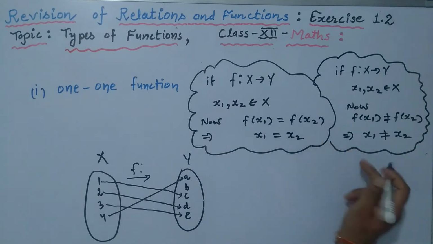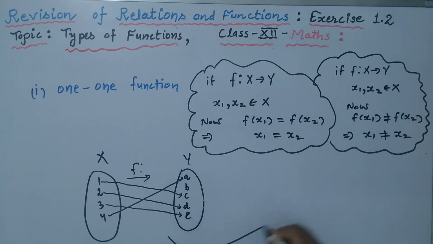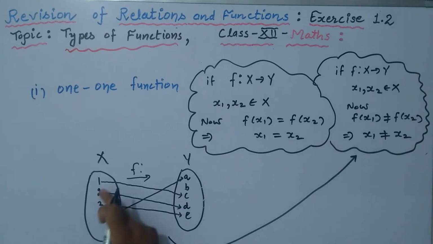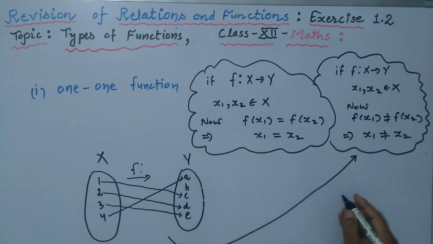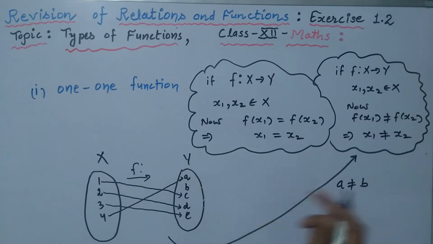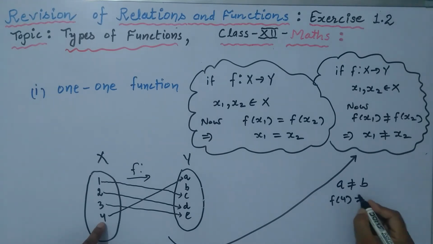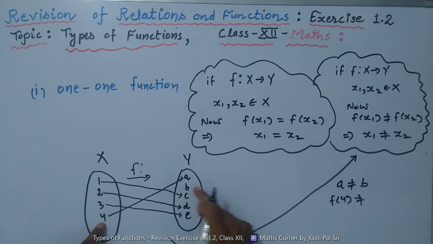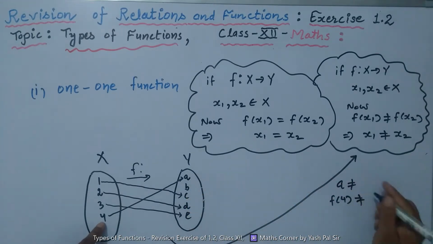Now this belongs to the second case, that is, a is not equal to b. What is a? a is the image of 4. f of 4 is not equal to b, and b is not the image of any element. a is not equal to c.